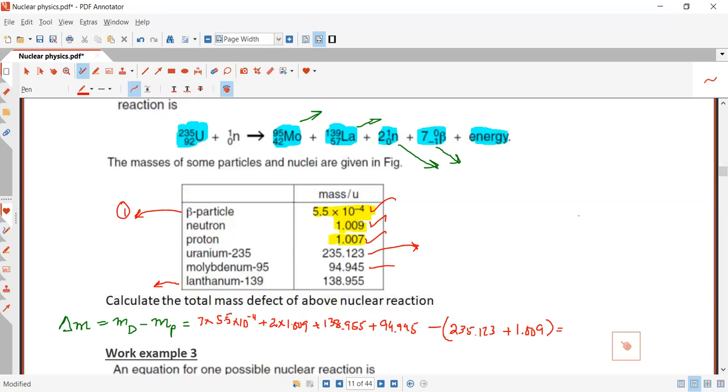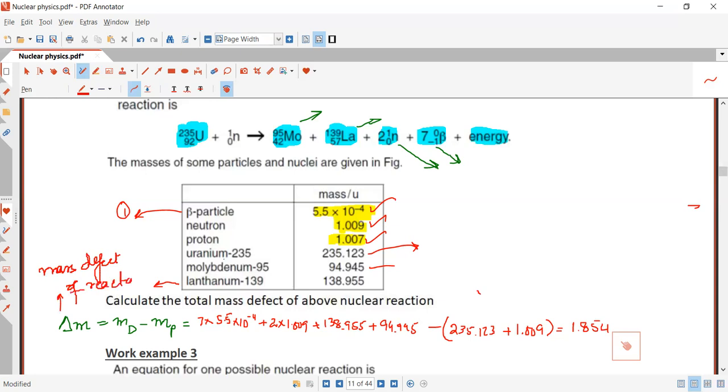So the answer is 1.85 U, right, students? So this is the total mass defect of the reaction. Let me write it. This is the mass defect of the reaction.